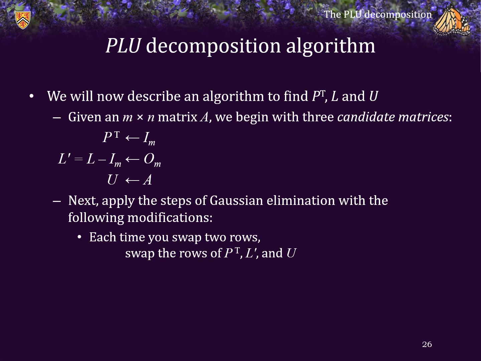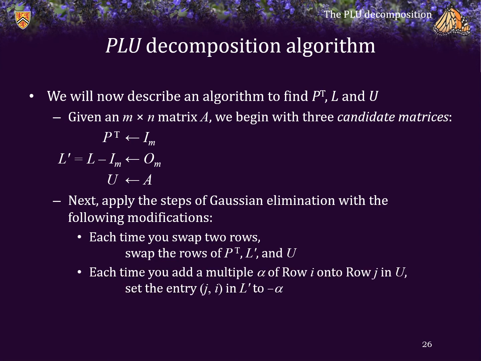Each time you swap 2 rows, you swap 2 rows in all 3 matrices, P transpose, L prime, and U. Each time you add a multiple alpha of row I onto row J in the matrix U to convert it into row echelon form, we set the entry Ji of the matrix L prime to negative alpha.